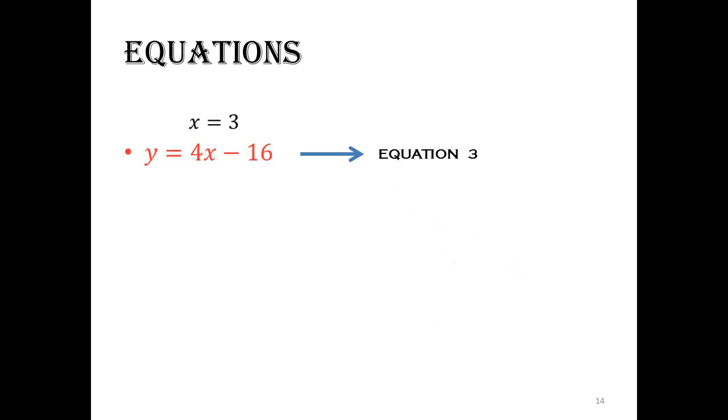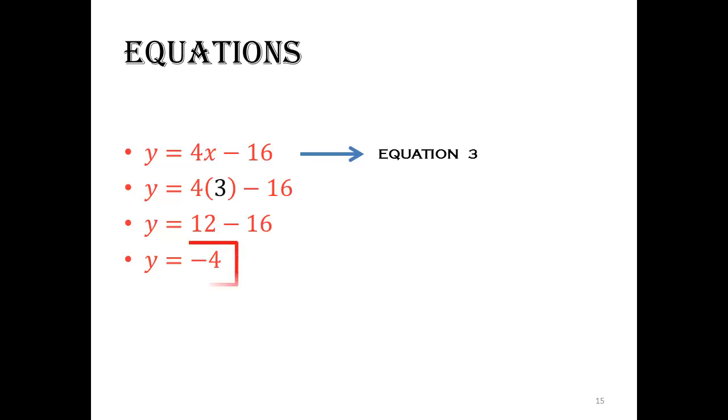And after some simplification, it will give us the value of y, that is minus 4. Therefore the value of y is minus 4 and we have the solution. X is equal to 3 and y is equal to minus 4.